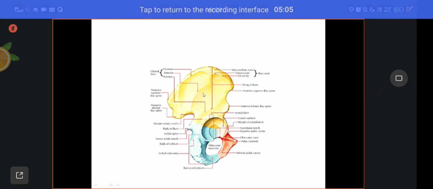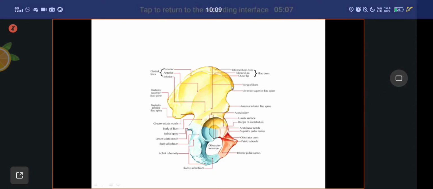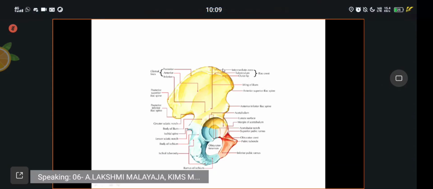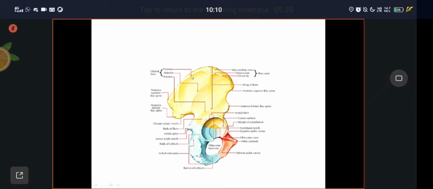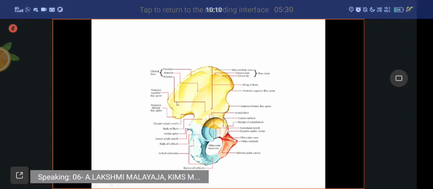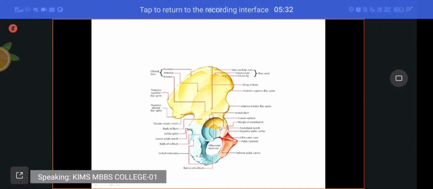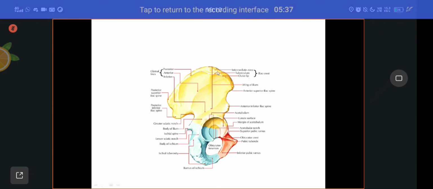The ilium has an upper end and a lower end.